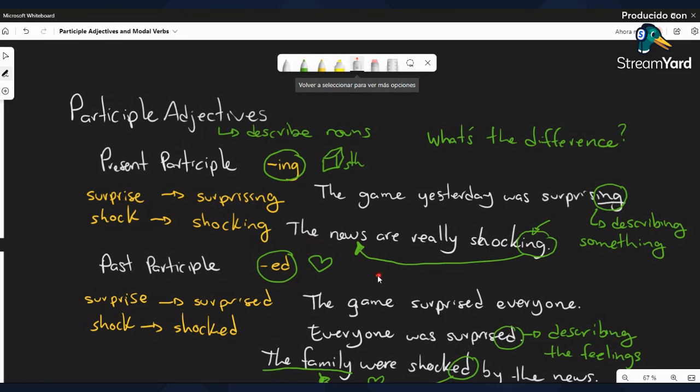I'm describing something. When I say, for example, past participle, the game surprised everyone, I'm describing the feelings. Everyone was surprised, as you can see here. It's talking about the feelings. The family were shocked by the news. I'm using ed because we're talking about the feelings of the family. That's how we can use it.